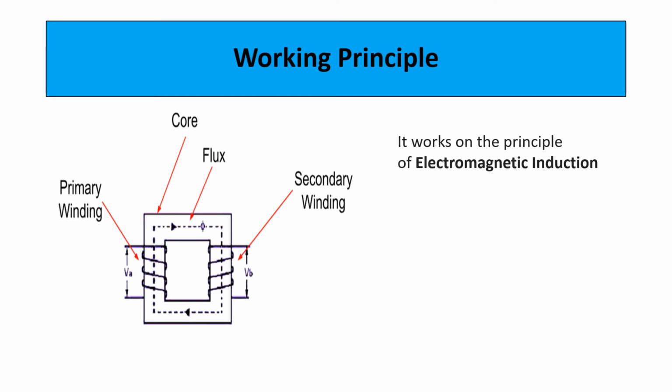That is, when an AC voltage is given to the primary coil, a flux is produced inside the laminated core. We know that the secondary coil is wound on the same core. This core will transfer the changing magnetic flux from the primary coil to the secondary coil.